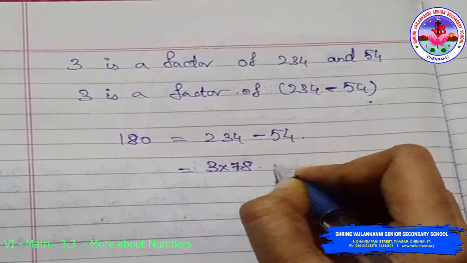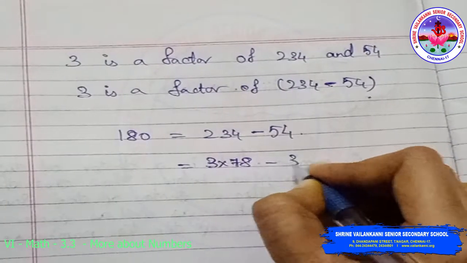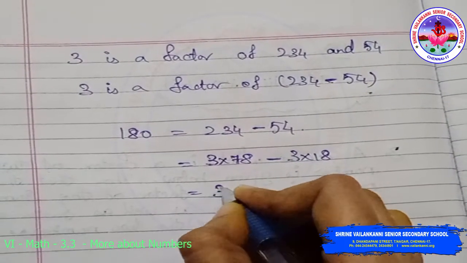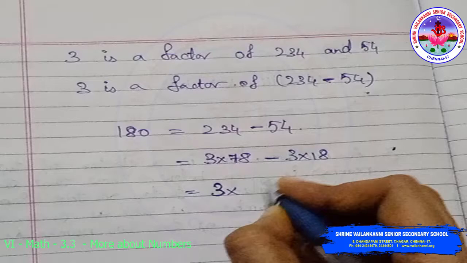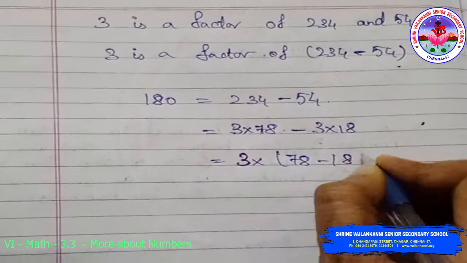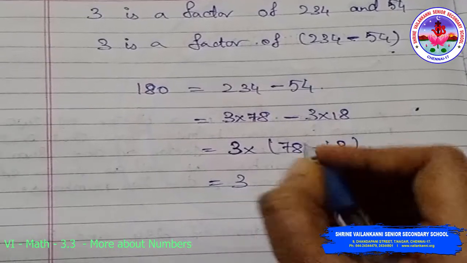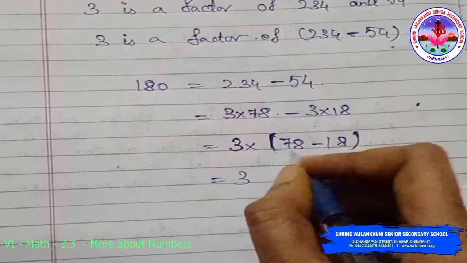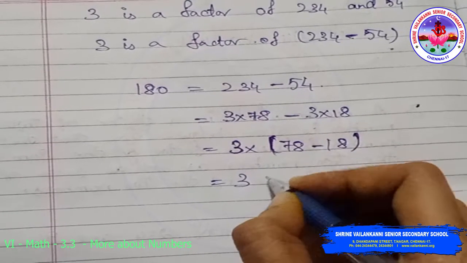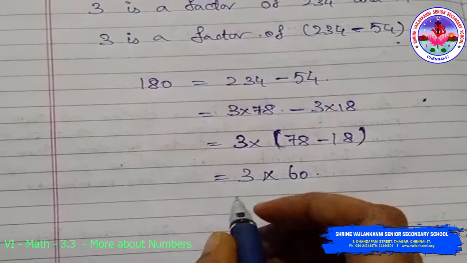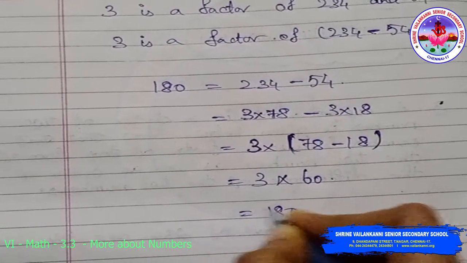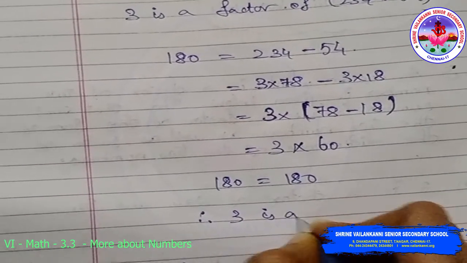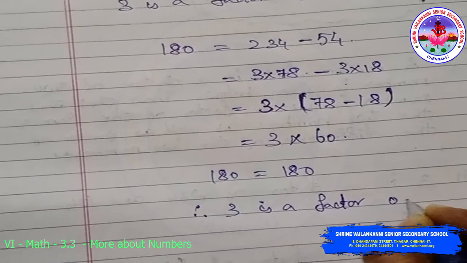Minus 54, which is 3 into 18. Taking the common value 3, 3 into 78 minus 18. 78 minus 18 is 60. 3 into 60 is 180. 180 is equal to 180. Therefore, 3 is a factor of 180.